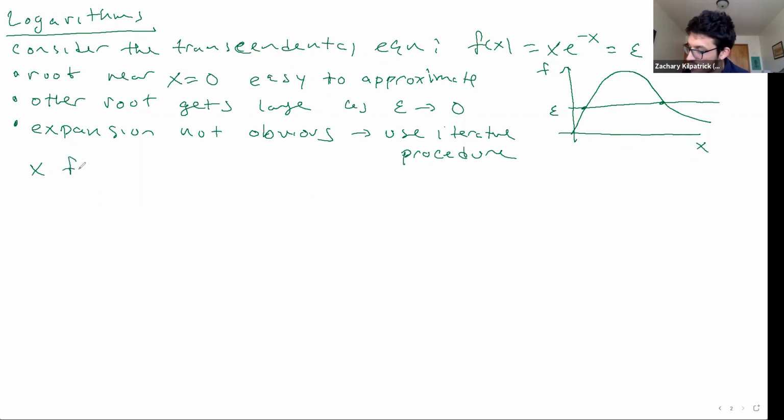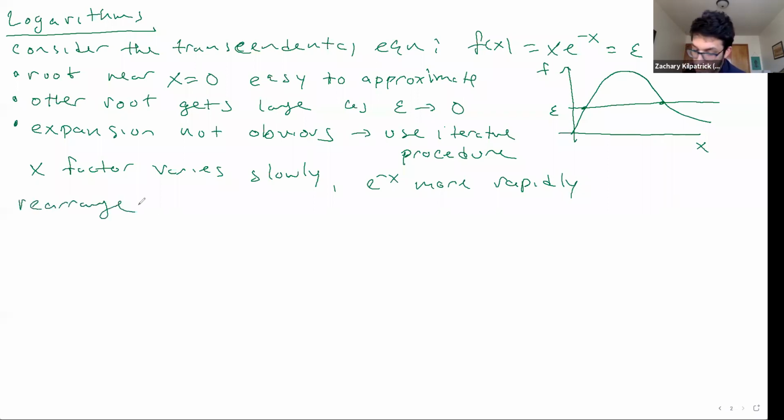And so a couple observations, right, is that the x factor here varies slowly, right? But the e to the minus x is going to vary more rapidly, okay? So let's separate those two terms when we write out the form of our equation, right?